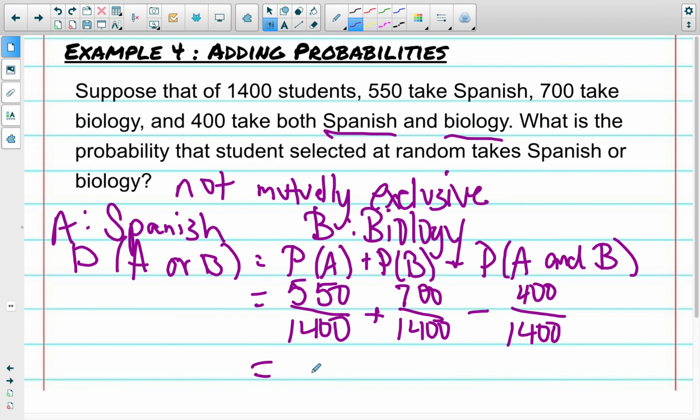When we simplify this out, we should get 850 out of 1,400. Best practice would be to simplify this to lowest terms. I'm not going to do that right now, but in general, we should get this down to lowest terms.